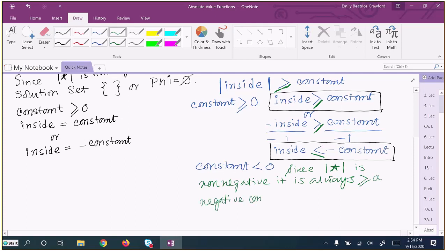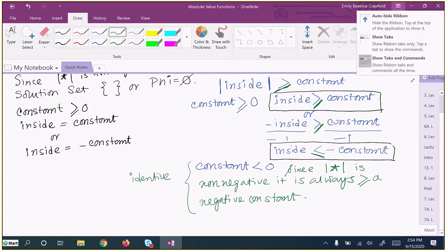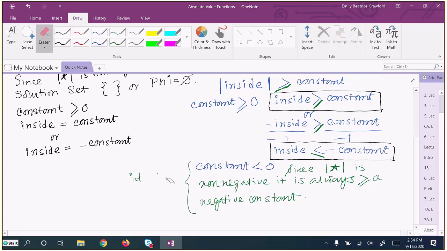This is a special situation, and remember from linear equations we called these identity situations. So it tells you that the entire real number line is the solution. It doesn't matter what the specific value of x is, absolute values are always greater than or equal to a negative constant.